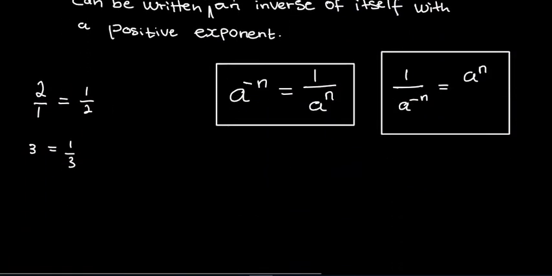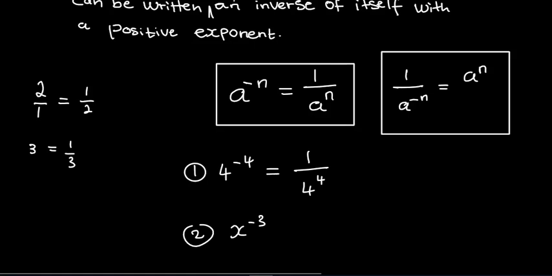So if you've got 4 to the exponent of negative 4, you can rewrite this as 1 over 4 to the exponent of 4, positive 4. Okay, so call this example 1. And then the other one, we had x to the negative 3, right, times y.